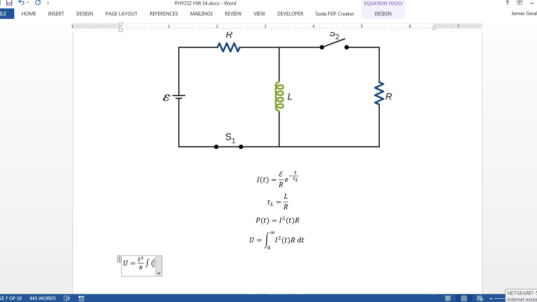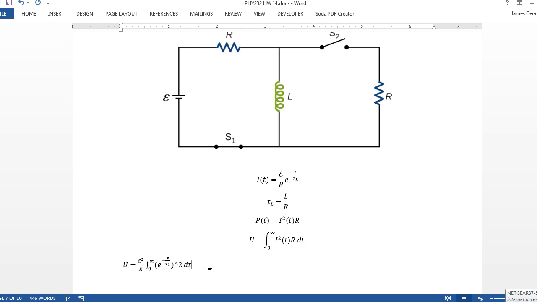An integral from 0 to infinity of e to the minus t over tau sub L, and all of this we have to square.